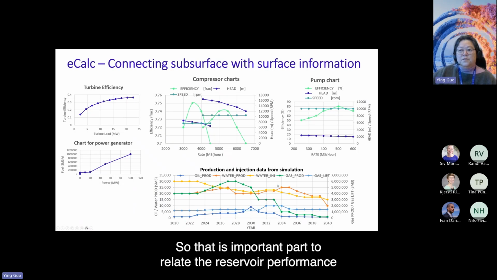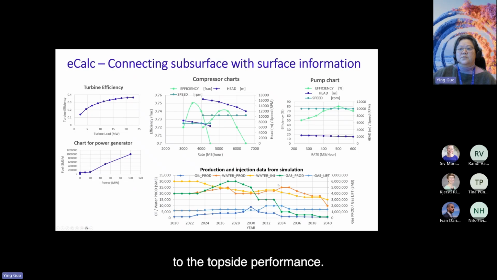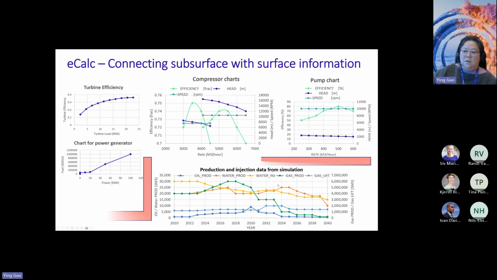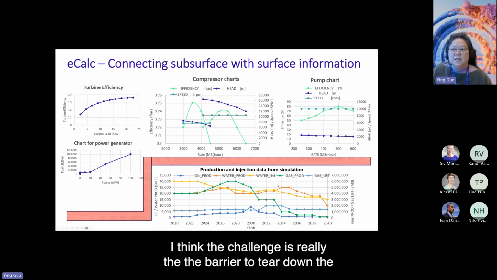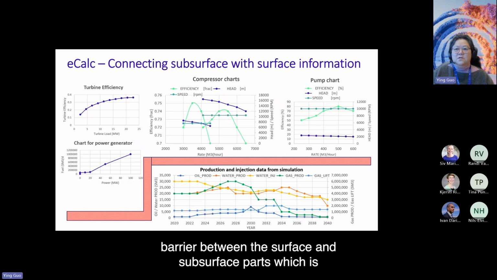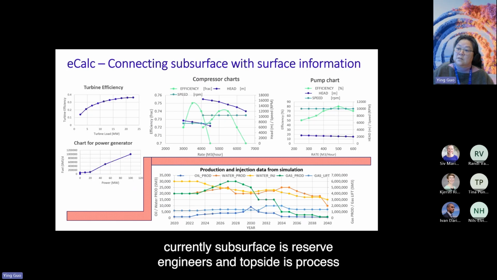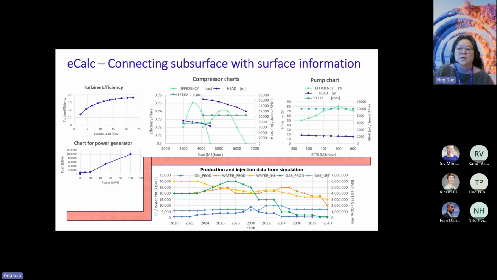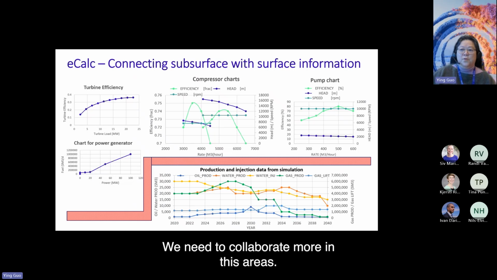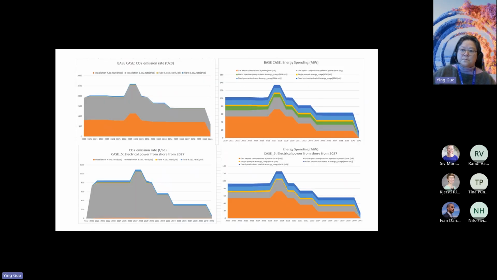So that is the important part to relate the reservoir performance to the topside performance. I think the challenge is really to tear down the barrier between the surface and subsurface parts, where currently subsurface is reservoir engineers and topside is process engineers. We need to collaborate more in these areas.